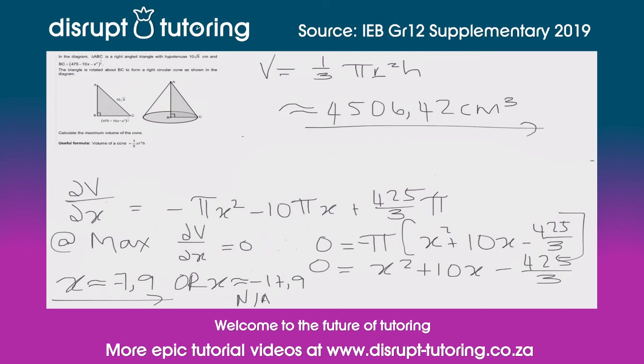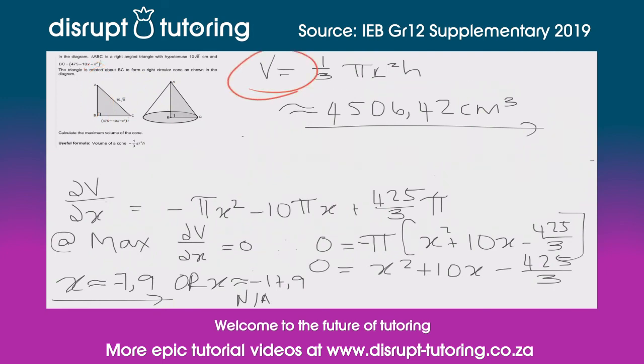We take that 7.9 and plug it into the volume formula that we derived right at the beginning, and once we multiply that out on our calculators, we get 4,506.42. What's most important here is that you understand the process of maximizing. First, write out your formula, see what you're missing, and apply Pythagoras to get what you're missing.